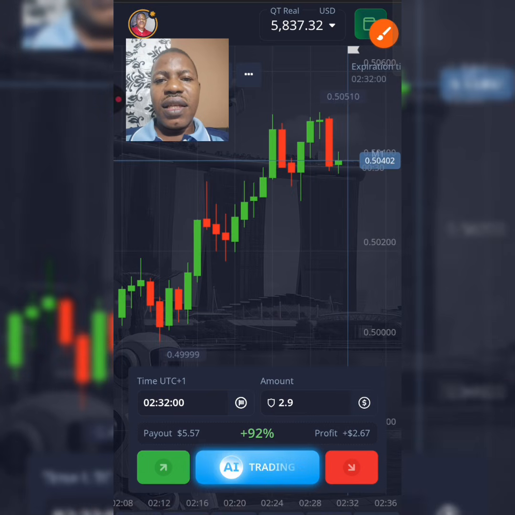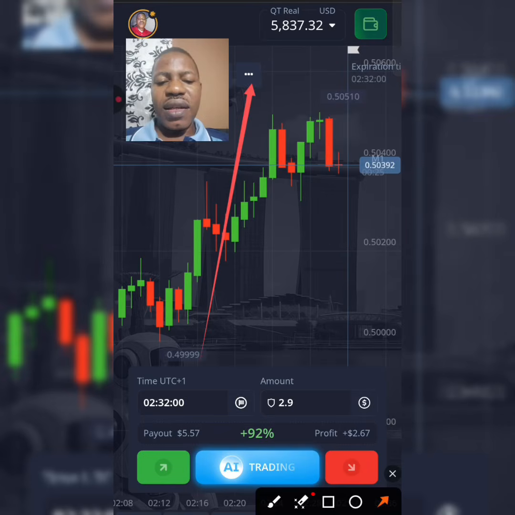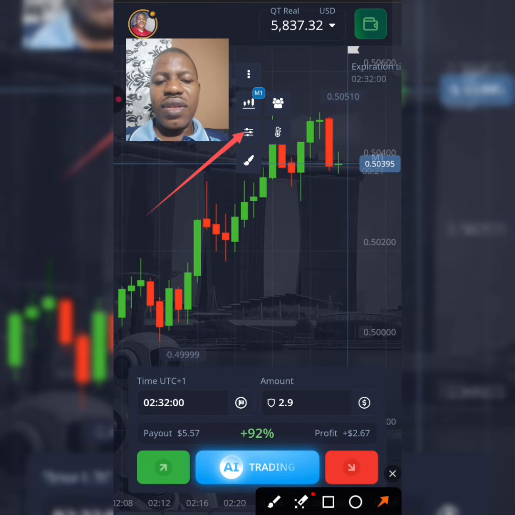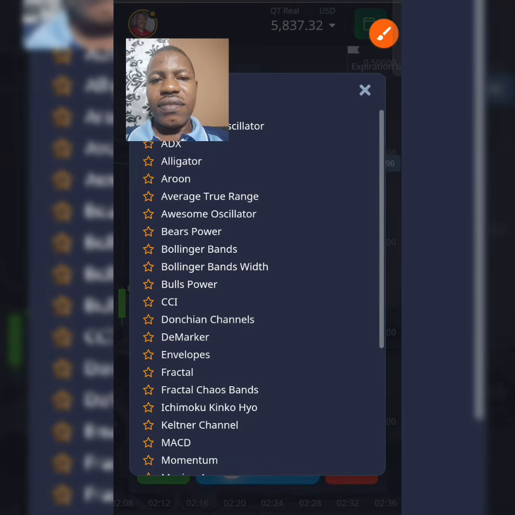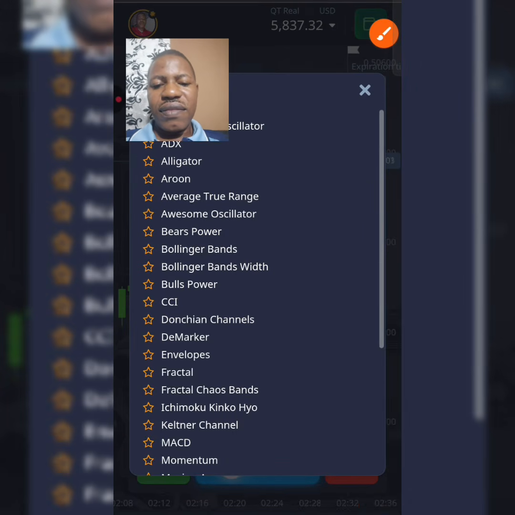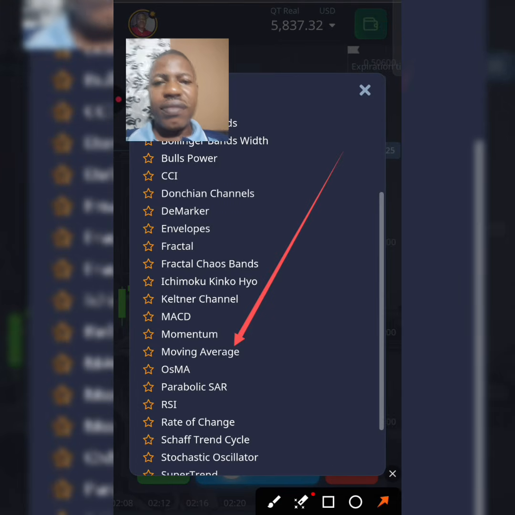Now let's add the indicator. The first indicator will be the 50 SMA. We'll go to indicators and then we search for moving average. This is it right here.